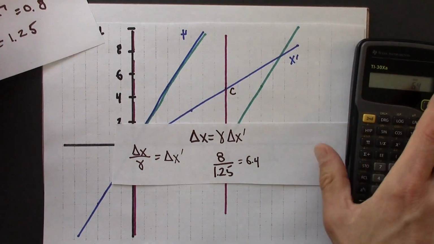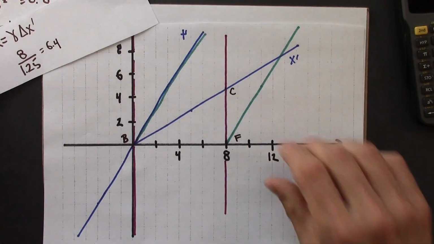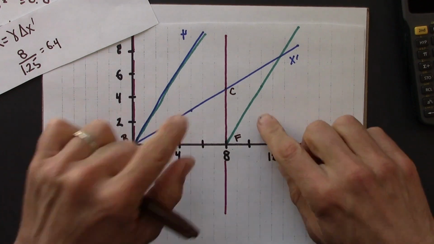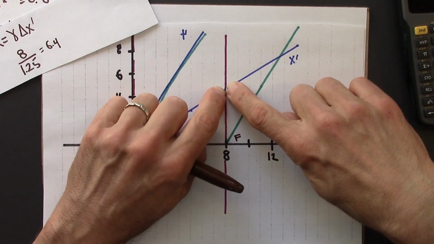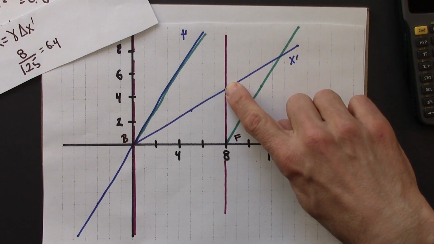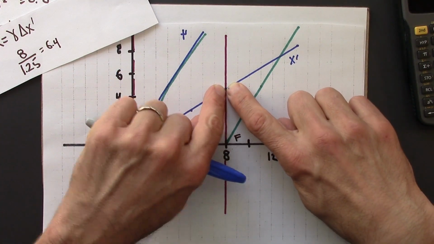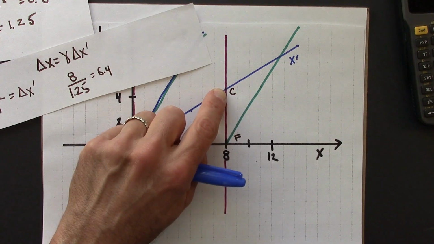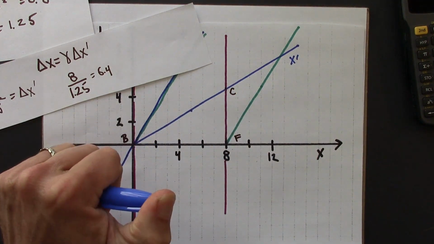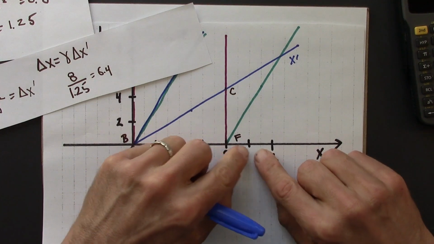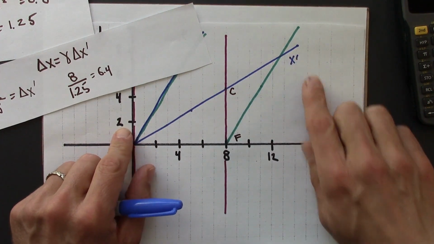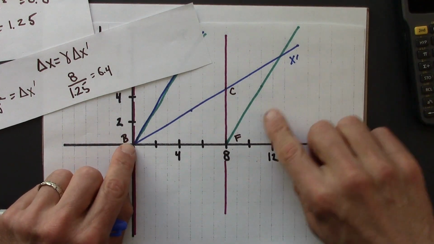So that's what I mentioned in the previous video, that in Beowulf's frame, he'll see the length of the barn as being 6.4. So let's hold on to that fact for a second, and let me do a little more calibration of this x primed axis.